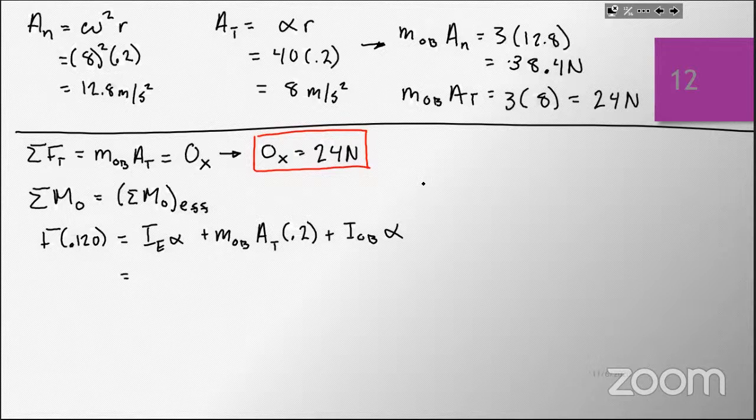What was I_E alpha? 0.0289. So this force has to equal this divided by 0.120, plus M_OB, well, that's 24 times 0.2 divided by 0.120, and then I_OB was 1.6. So all I've done is divide over by 0.12 to solve for F.